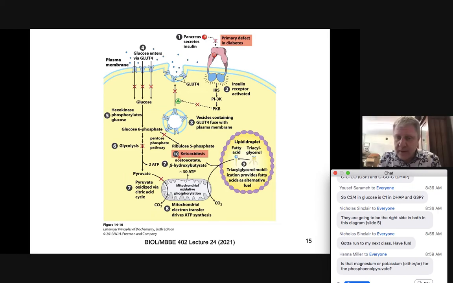So we're going to talk a little later on about ketogenesis or ketoacidosis and beta-hydroxybutyrate and acetoacetate as alternative energy systems. But that's going to be a little later when we talk about metabolic diseases such as what we see with insulin and how that changes the metabolism of carbohydrates.